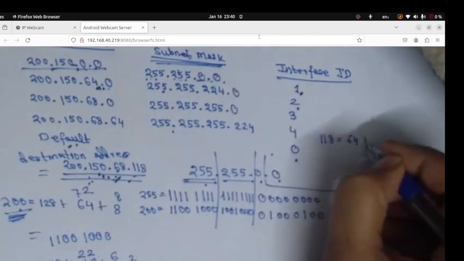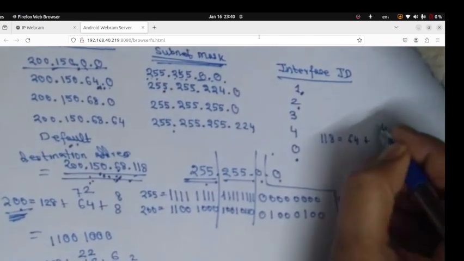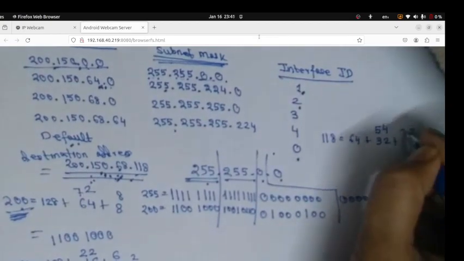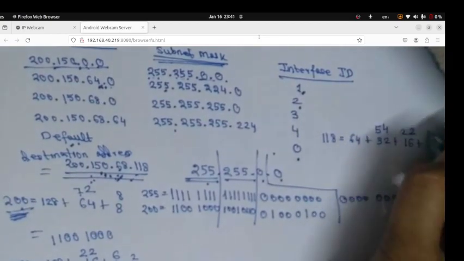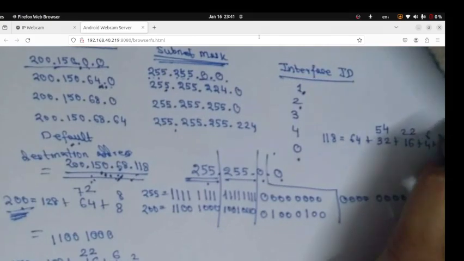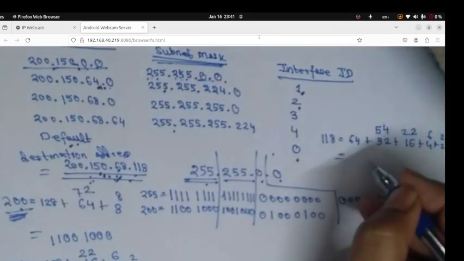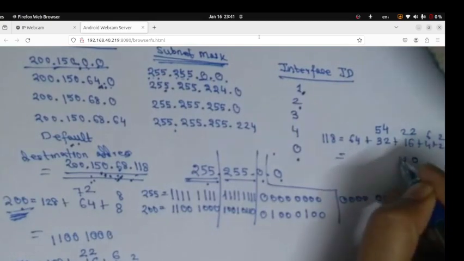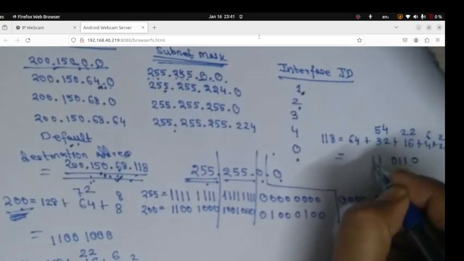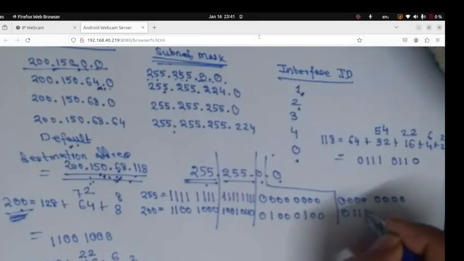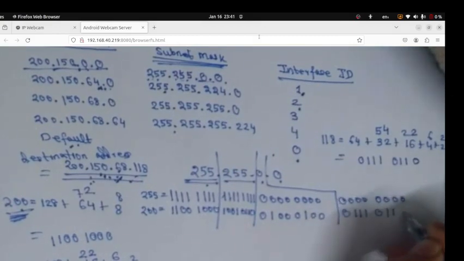The remaining is 54, then 32, then 16 plus 6, that means 4, 2. So what will be the binary equivalent of 118? 1, 2, 4, 8, 16, 32, 64, 128. It is 0, 1, 1, 1, 0, 1, 1, 0.